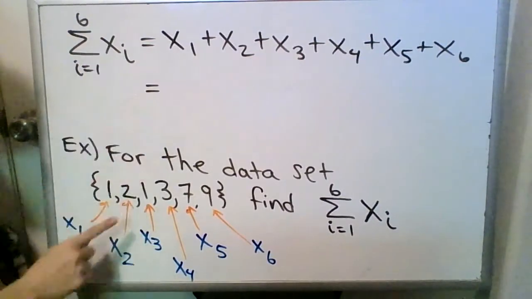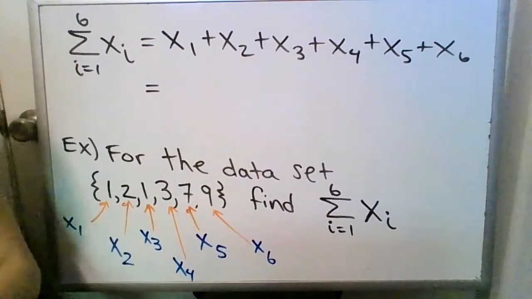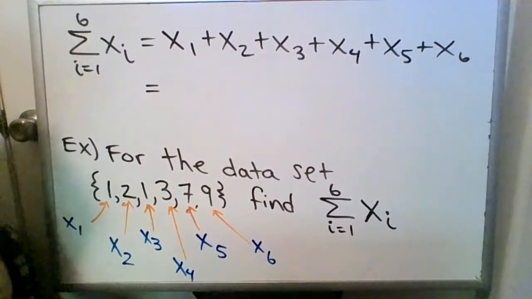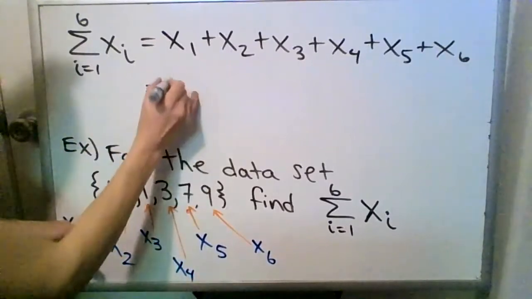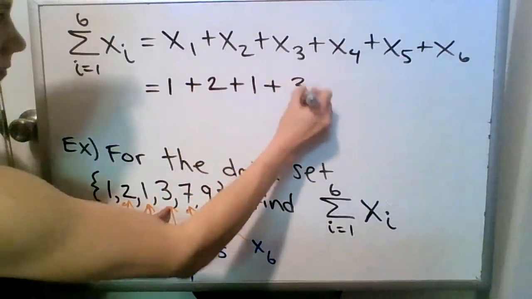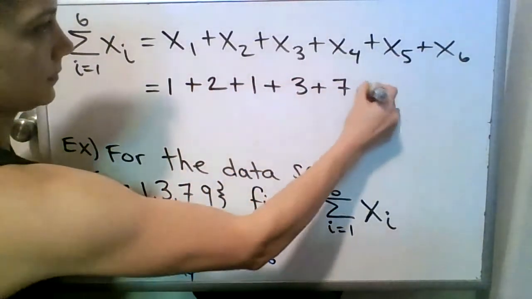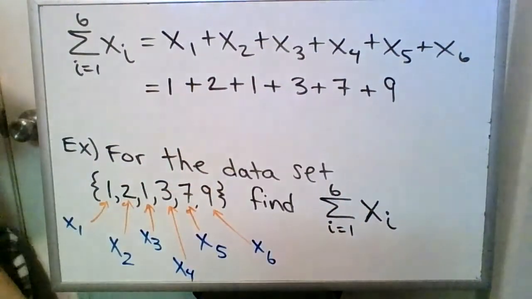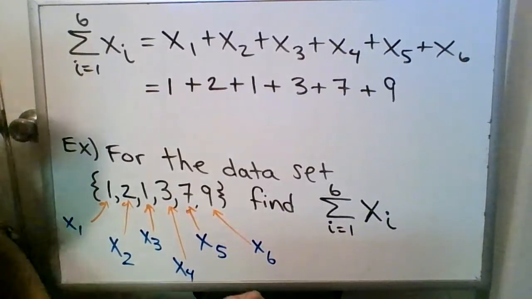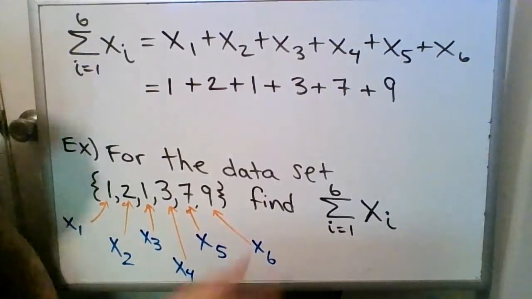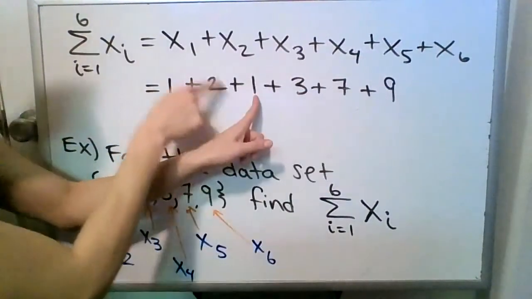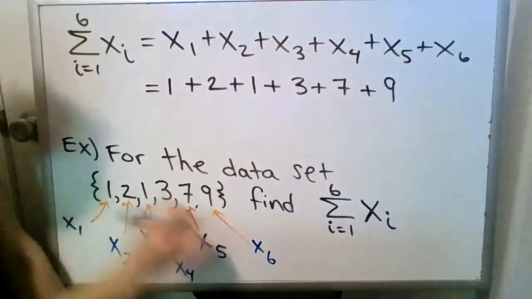Okay, so putting in 1, add 2, add 1 again, then keep going. So I'm going to take this part as 10. Here's another 10, shoots me to 20, 21, 22, 23. I have 23 as the sum.